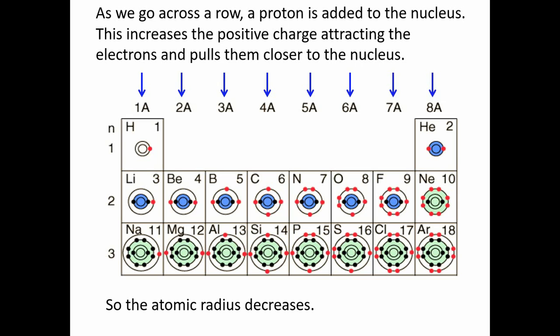Adding that proton increases the positive charge. Because all of the electrons are in the same energy level, they are experiencing the same pull towards the nucleus. Since that pull is increasing with each element as we go across, they get pulled in a little bit closer. As a result, the atomic radius actually decreases.